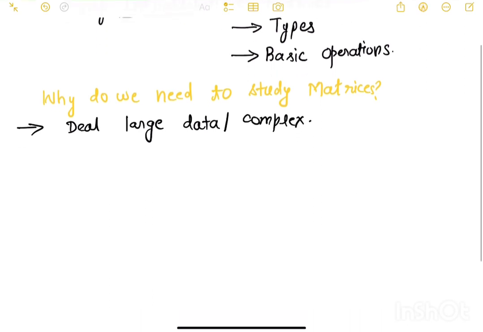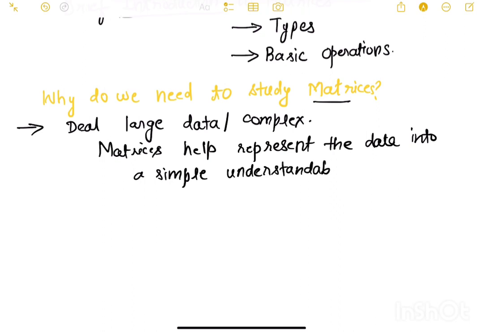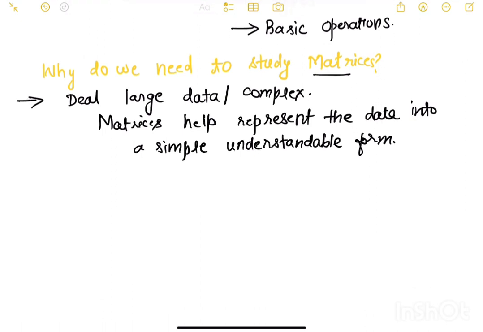So, what matrices do is that they help us to represent the data in a simple, understandable form. So it helps us to just break down the complex data into a simple form.